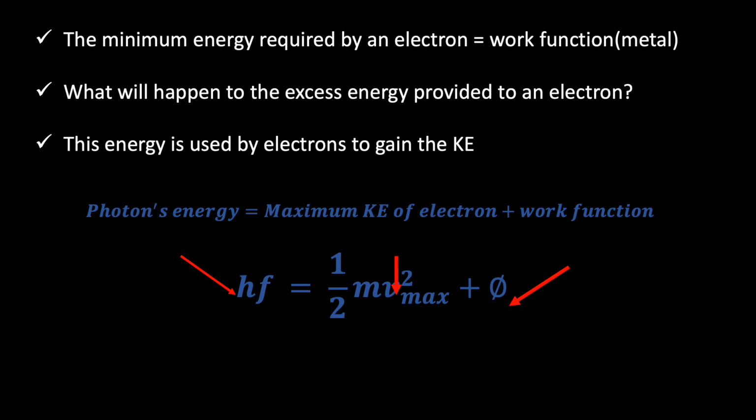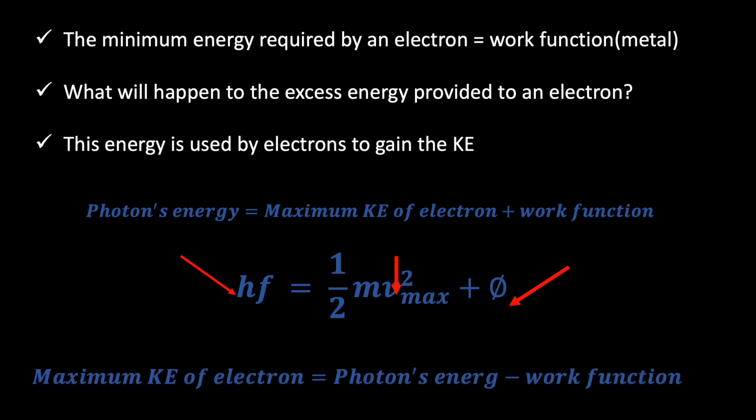Now we can write an equation for the total energy conservation. The photon's energy is equal to the maximum kinetic energy of electrons plus the work function. Therefore, the kinetic energy that an electron can have on departure from the metal surface is less than or equal to the difference between photon energy and the work function. This maximum possible kinetic energy determines the maximum velocity of photoelectrons.